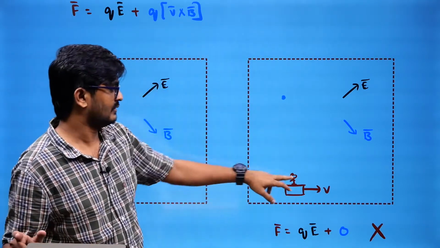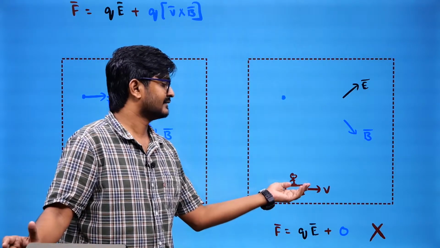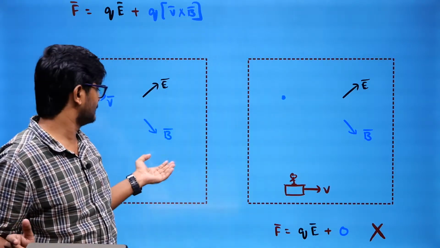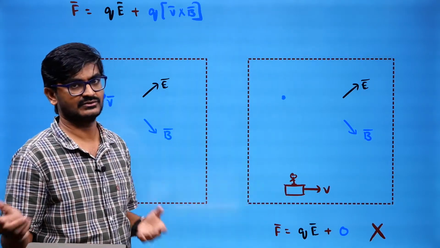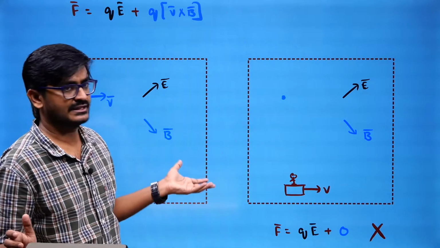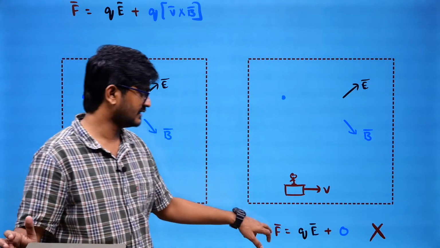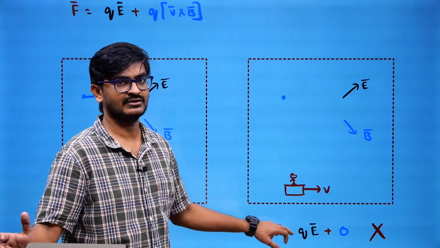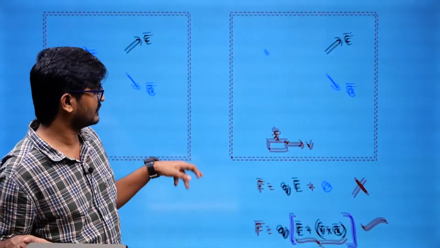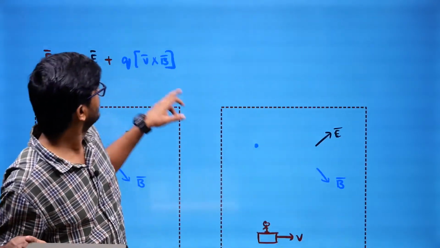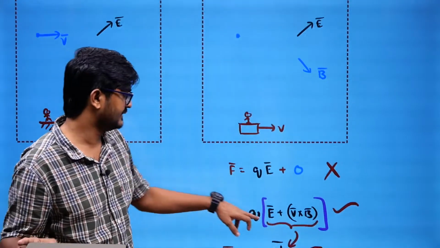But these two frames are equivalent to each other. Both are moving with constant velocities, so both are inertial frames. In inertial frames, the net force has to remain the same. So there is something wrong here. The net force has to be the same as the initial case, q into E bar plus v bar cross B bar.